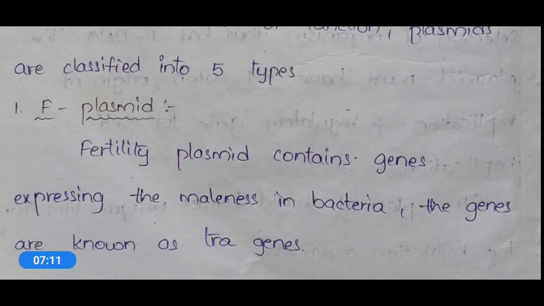That means the F plus cell will transfer this plasmid to the F negative bacterium. It is achieved through tra genes. The F plasmid is an example of a conjugative plasmid.